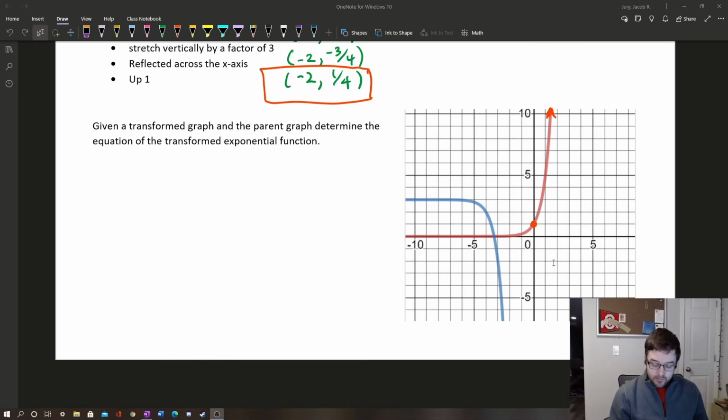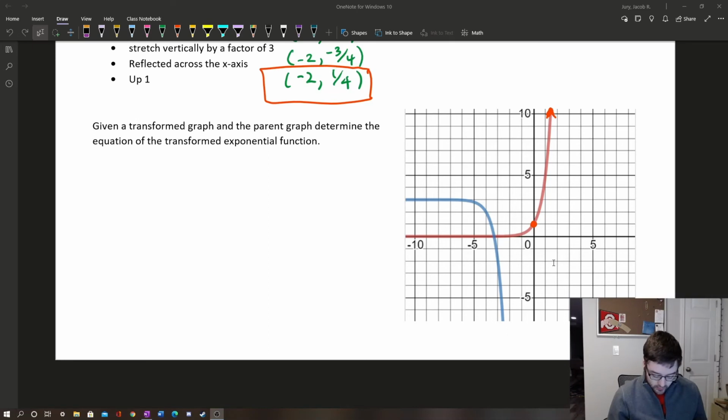So that's definitely a characteristic of these parent functions for exponential equations. And they're going to have a horizontal asymptote at y equals 0. So at the x-axis, that's where you're going to have your parent's horizontal asymptote, which is just the line that the exponential equation doesn't cross.